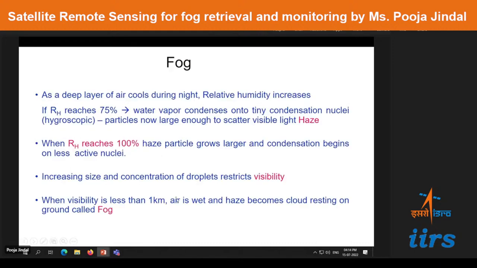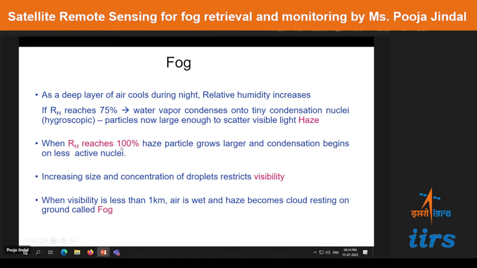Then coming finally to the fog formation. In the case of fog formation, the air cools during the night. If air cools, definitely relative humidity will increase, because cooling of the air means we are reducing the temperature, and if you reduce the temperature, relative humidity will increase.